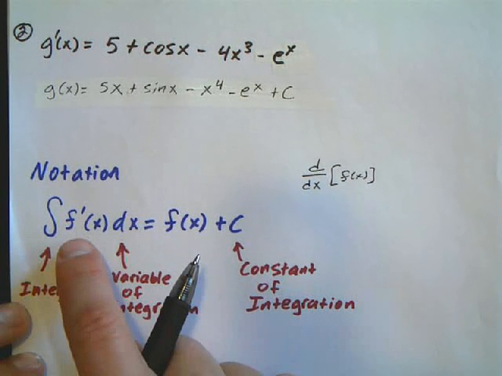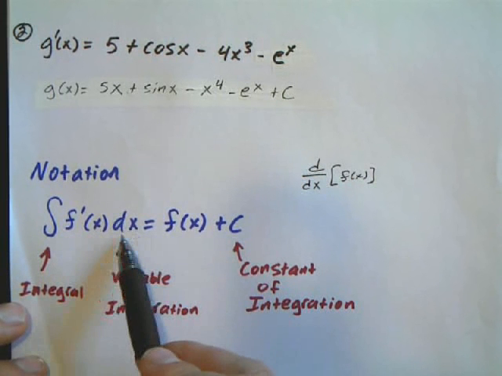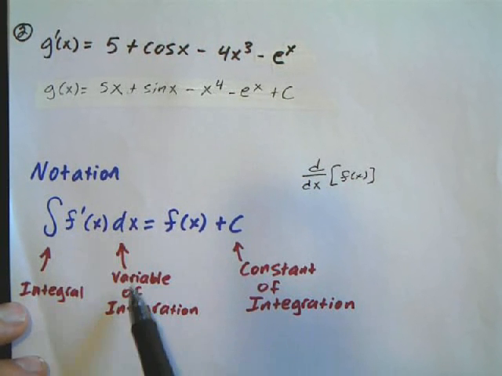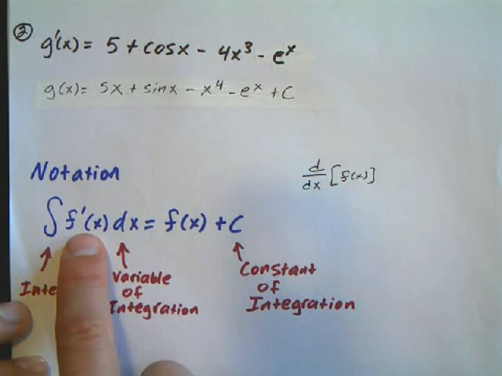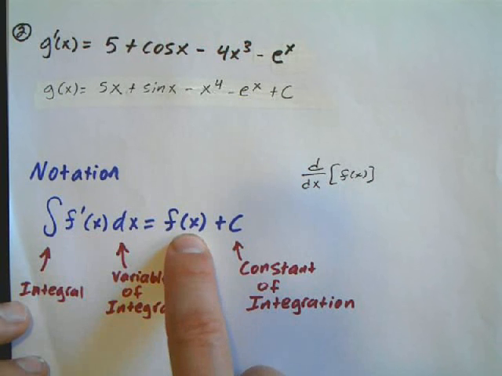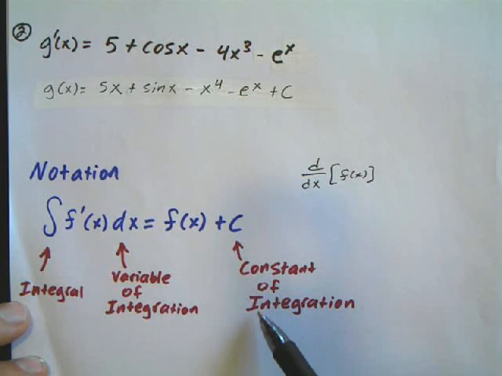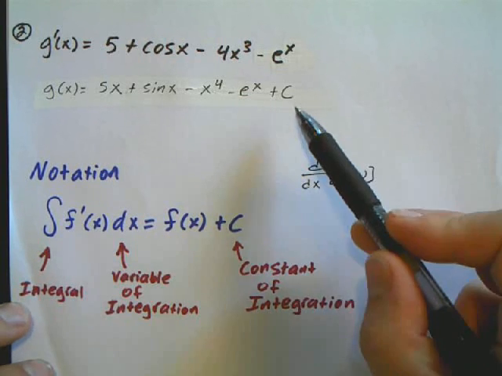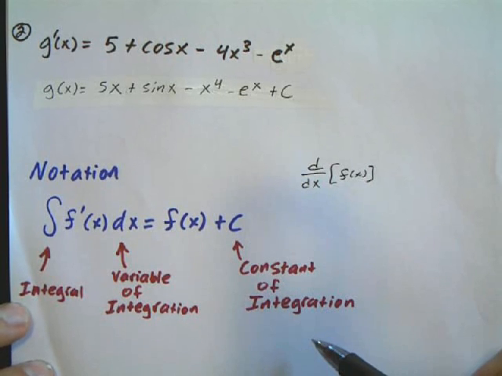It's going to be written like this: the function, so f prime, with a dx in the problem. That's the variable of integration. And if I take an antiderivative, I end up back at the function plus c, and this c is called the constant of integration. So in this example, I attach the plus c, and that c is called the constant of integration.